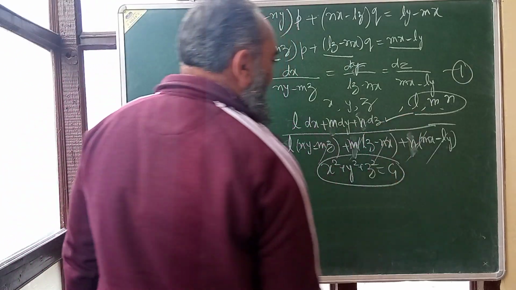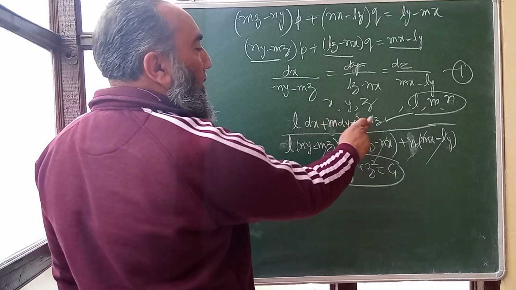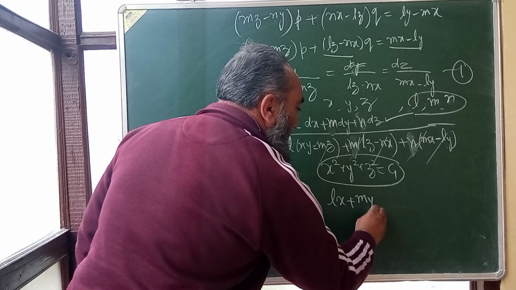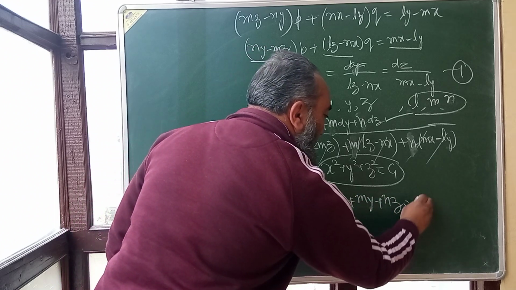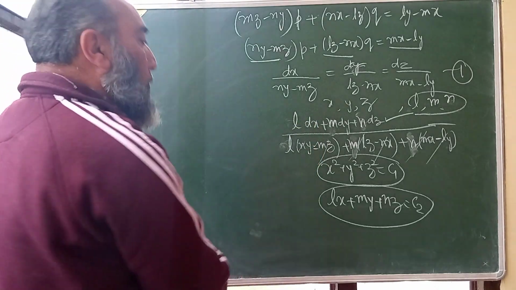Using l, m, n as multipliers, you will get l dx plus m dy plus n dz equals 0, which gives lx plus my plus nz is equal to C2.